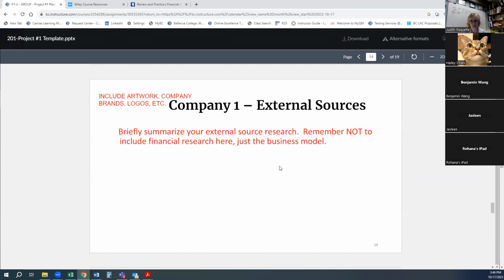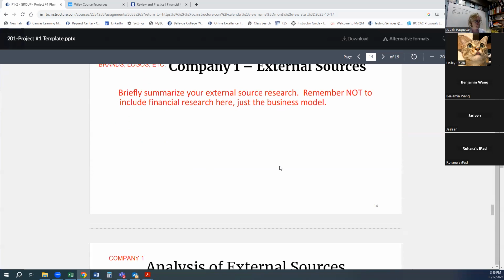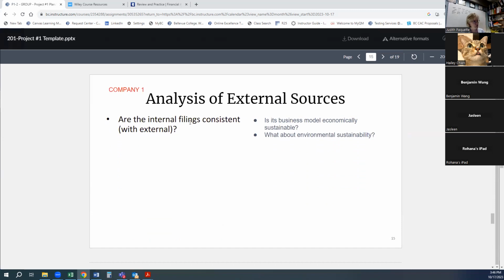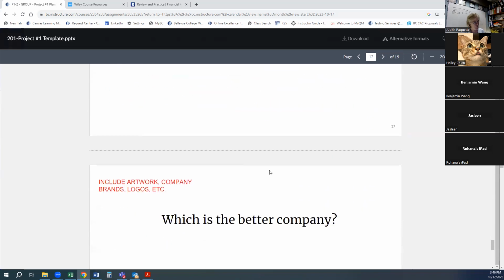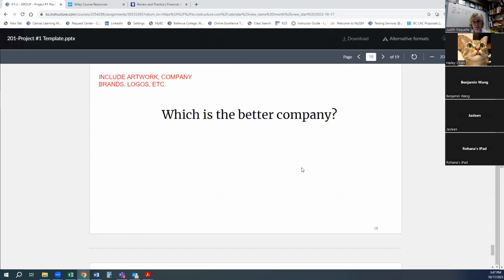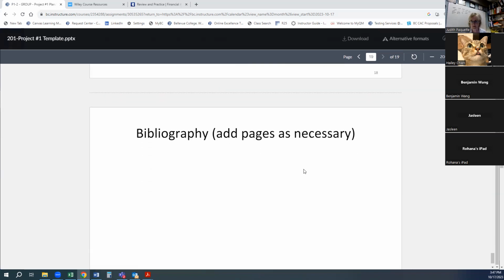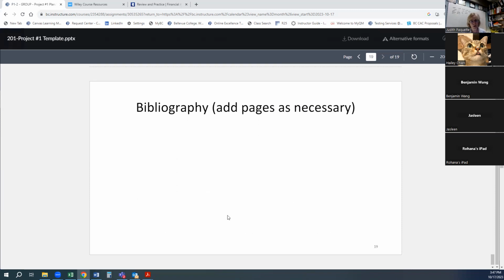Don't discuss finances, discuss the other stuff, customer, brand, all of that, value. And then you say, are these filings consistent with the internal filings? Is the business model economically sustainable? Is it environmentally sustainable? Okay, we'll talk more about that. And then you do the same for company 2, and then you say which company is better. Okay, and then you add your bibliography.